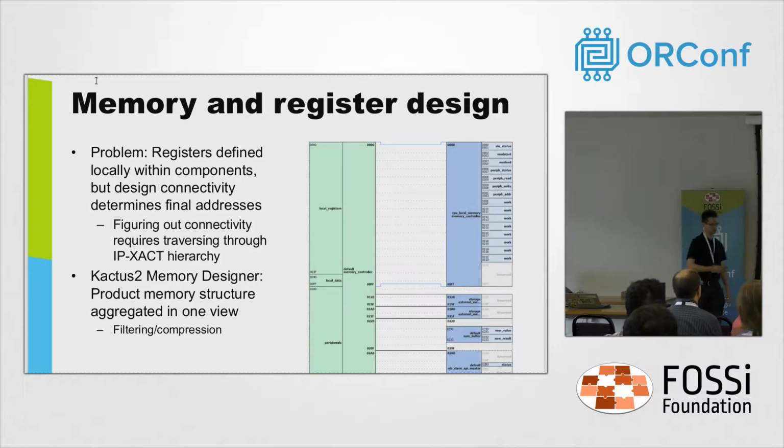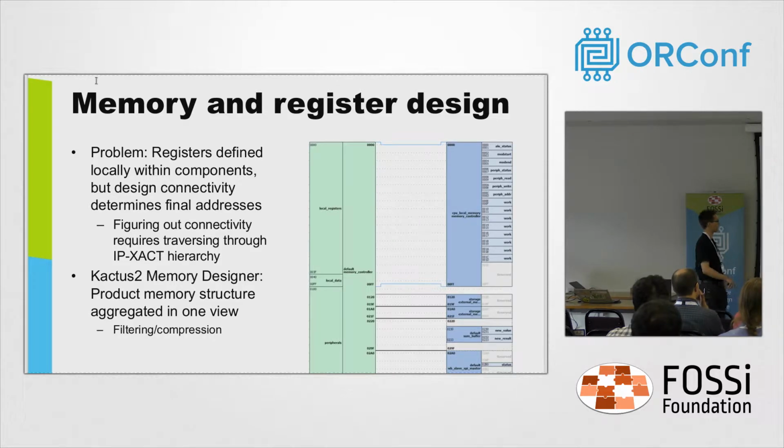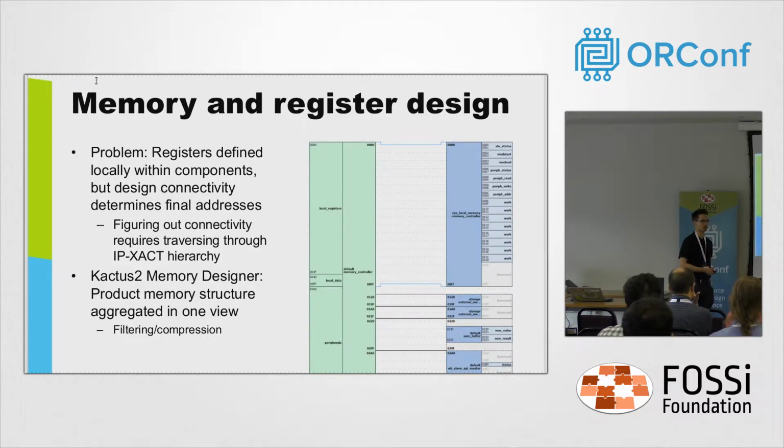So first of all, last year we discussed one of the problems within IP-XACT, that every memory and register is defined within the containing component, and they're viewed in isolation. When you have a product that has tens or hundreds of components, you're going to have trouble defining the register addresses and the view of the whole product.